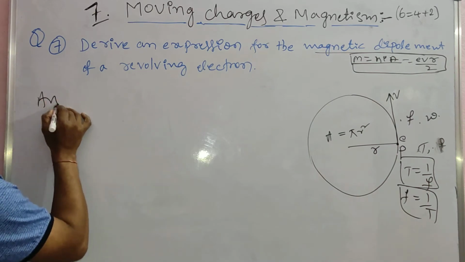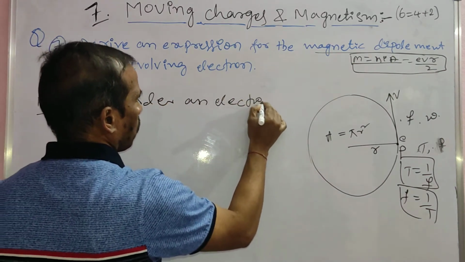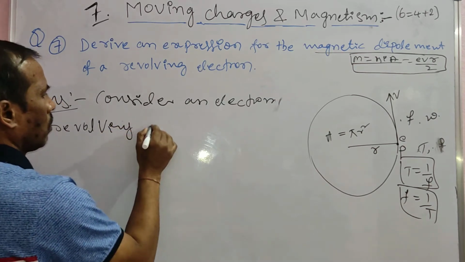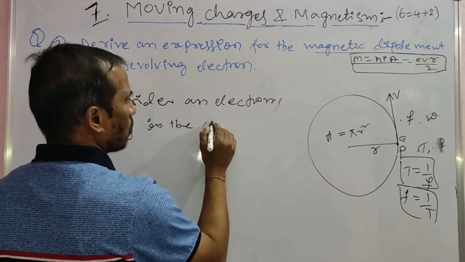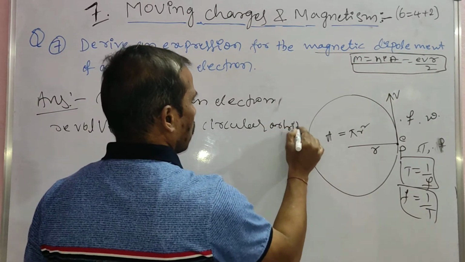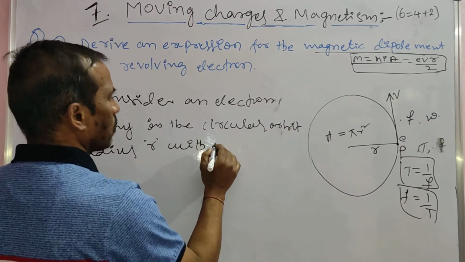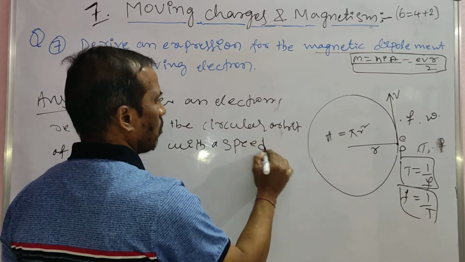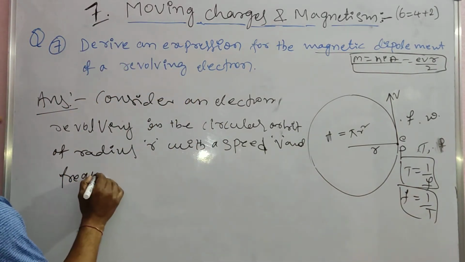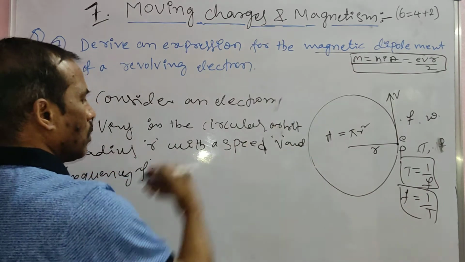Consider an electron revolving in a circular orbit of radius r with speed v and frequency f, circulating along the orbit.